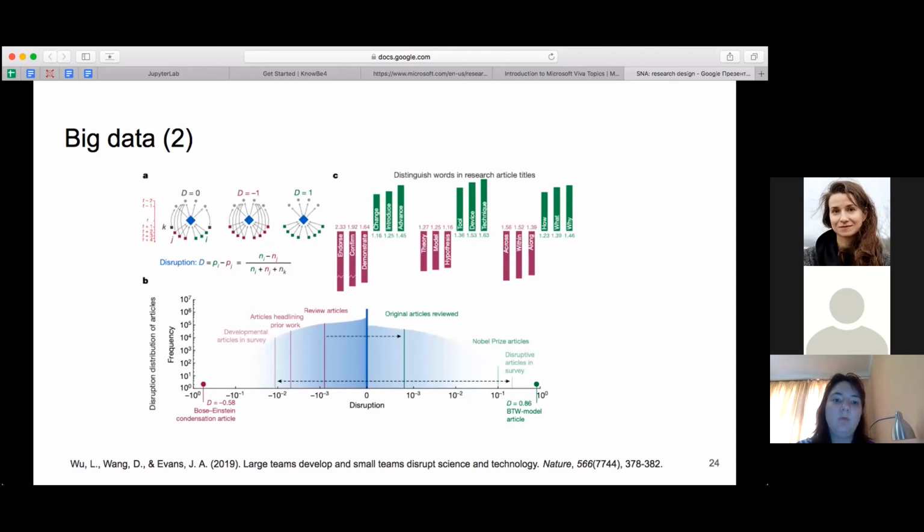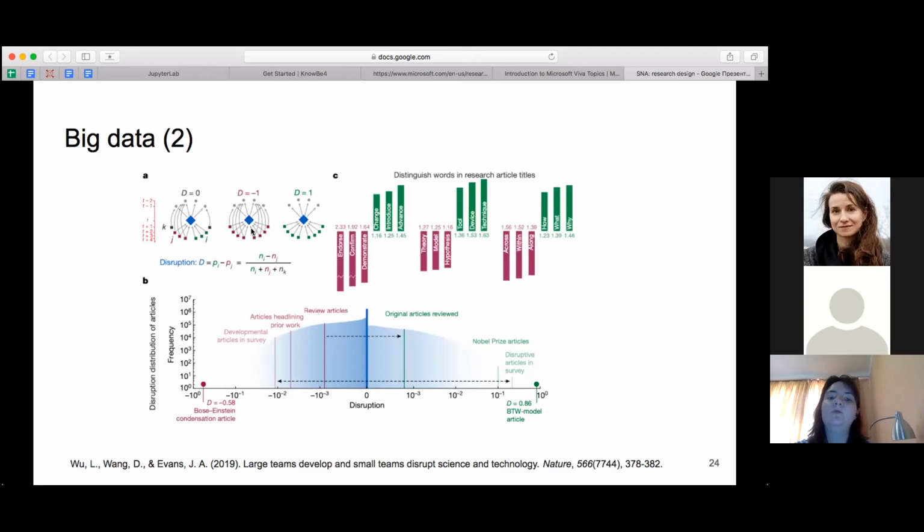If papers that refer to you do not refer to the papers that you refer to, so this is D1, it means that your paper is something very novel. These people do not associate you with the resources that you use.